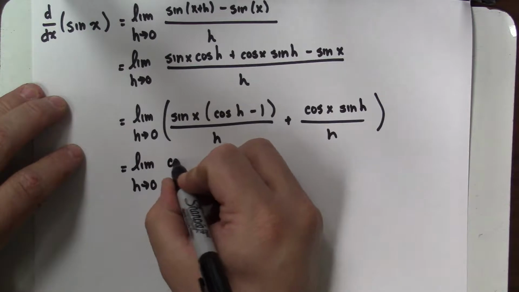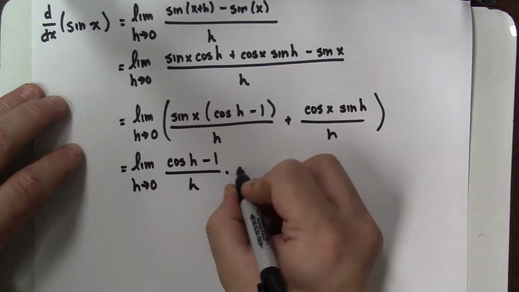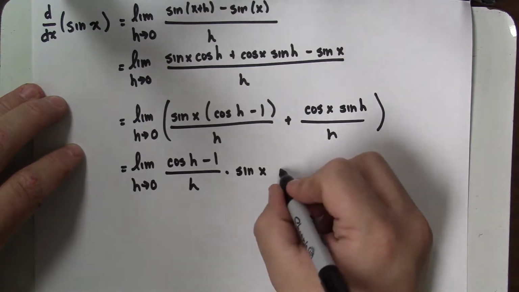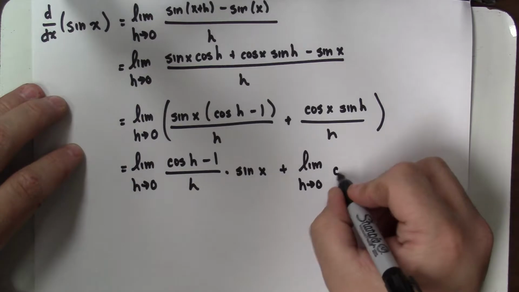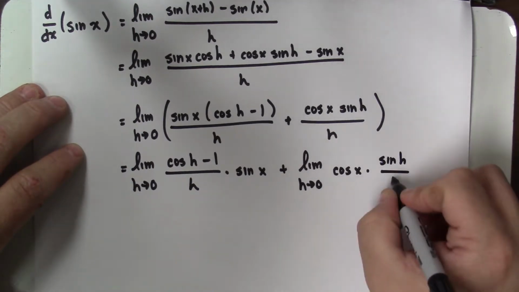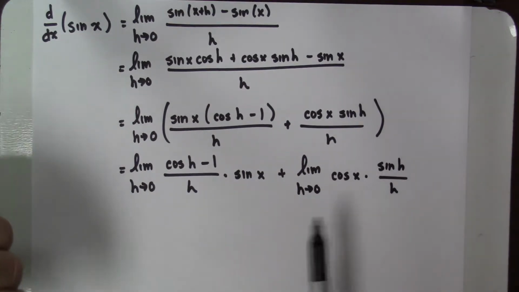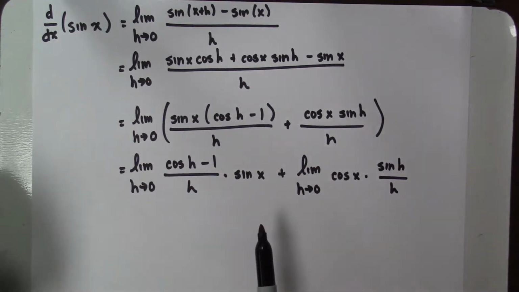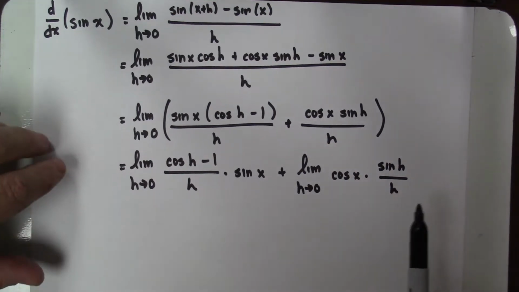I've got this fraction, cosine h minus 1 over h, times sine x, plus the limit h goes to 0, cosine x times sine h over h. Now, if you're playing at home, you may very quickly notice, hey, Mr. Garwood, those are those two really big things you just told me about.